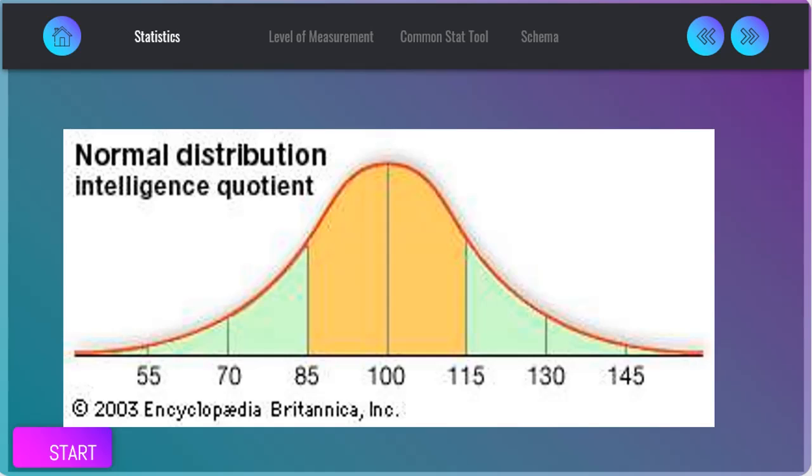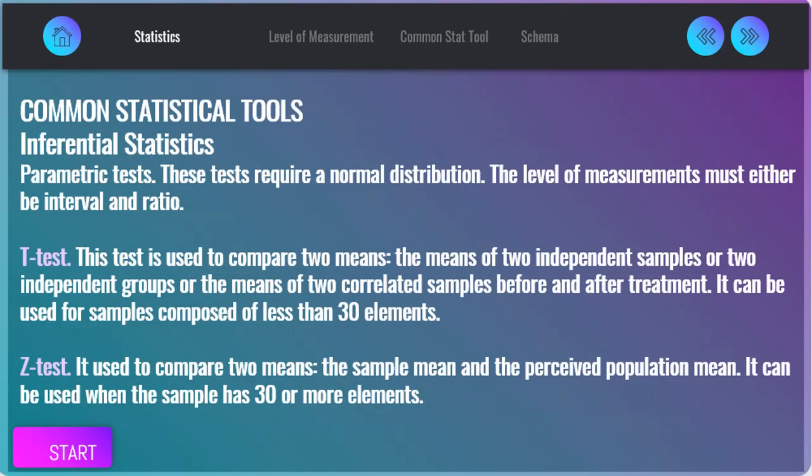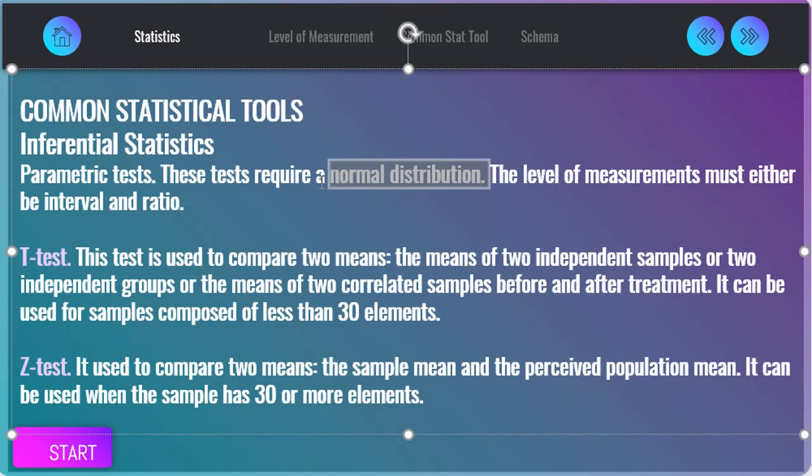So guys, it is important to note that your data must meet the criteria for you to be able to use a parametric test tool. Again, the scores that you have must be of normal distribution, and the level of measurement must either be interval or ratio.